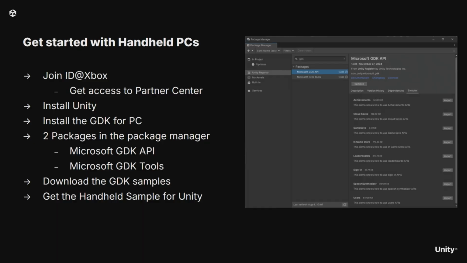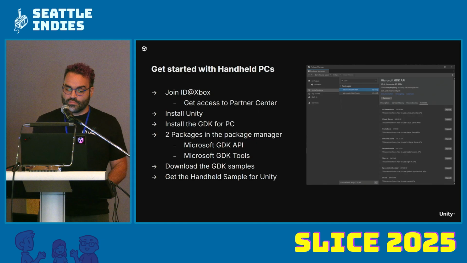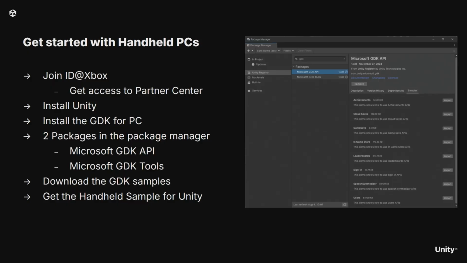The first step always to target Xbox on PC is to get access to the Partner Center. And if you're an indie, the ID at Xbox program is where you want to get started. But even while you wait to get access to Partner Center, you can get started with development right away. You can install Unity, install the GDK on PC, which is available on GitHub, like I said, install the 2 packages, and download the GDK samples that are available in the GDK API package.